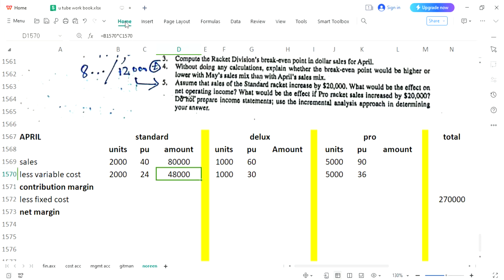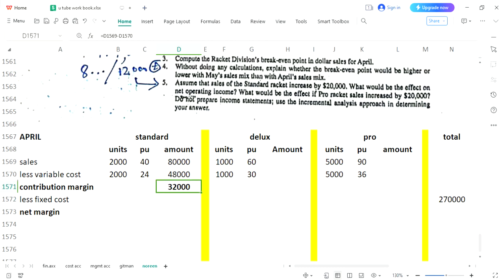For first product, it's time to calculate contribution margin, which is the difference between sale price, which was 80,000, and variable cost, which is 48,000. Contribution margin is the difference, so that is why we are subtracting both. In this way, we have calculated our contribution margin for standard.